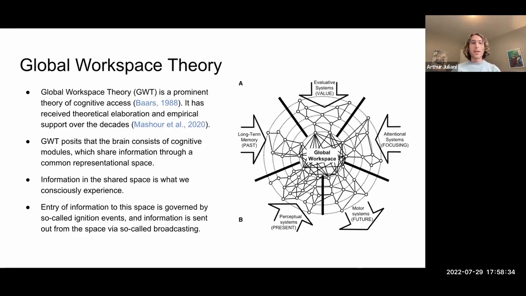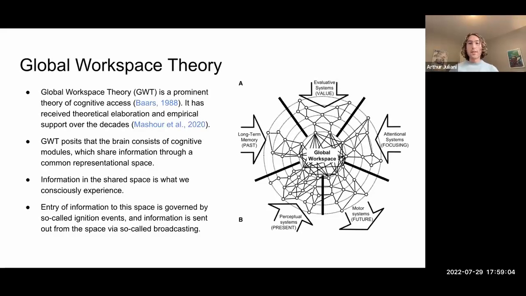The global workspace theory was introduced a few decades ago as a theory of cognitive access. It has attained a fair amount of elaboration in the preceding decades, as well as various kinds of empirical evidence. At a very high level, global workspace theory posits that the brain can be thought of as a set of modules, and these modules share information through a common representational space, this space being the global workspace.